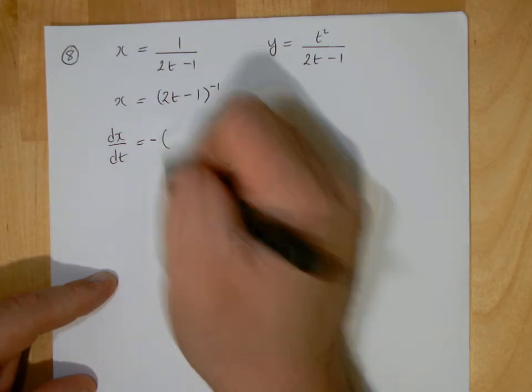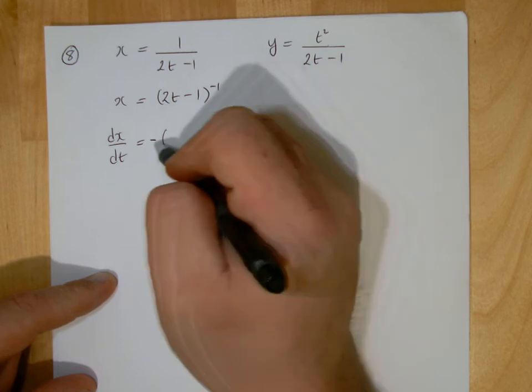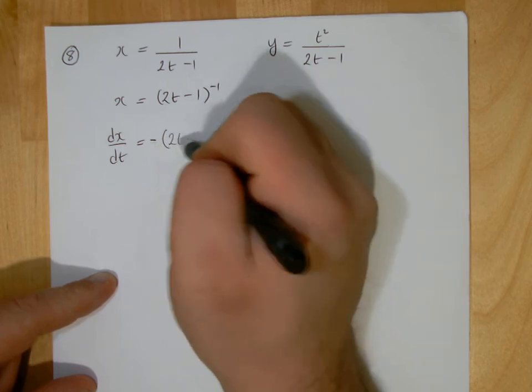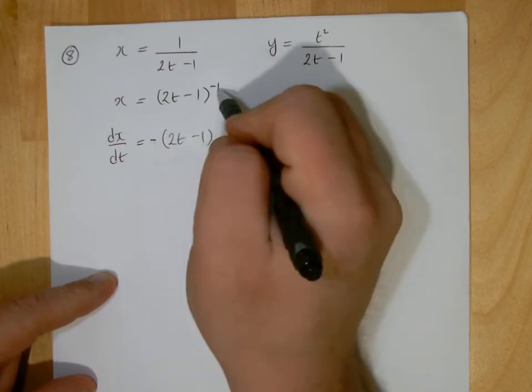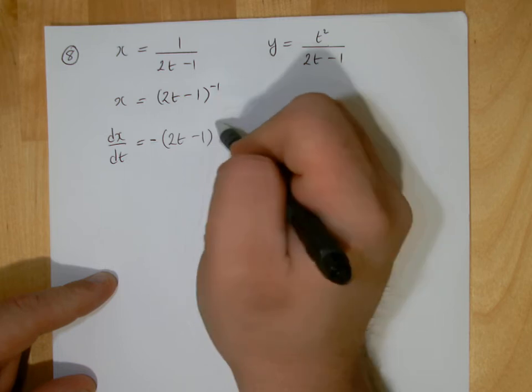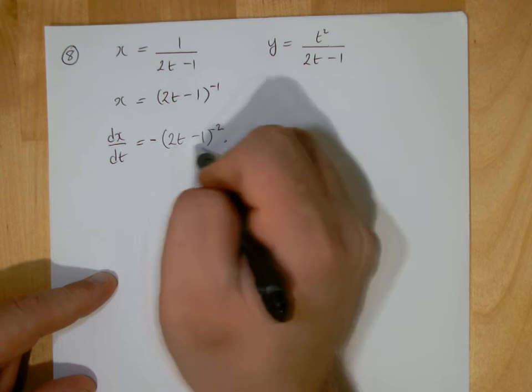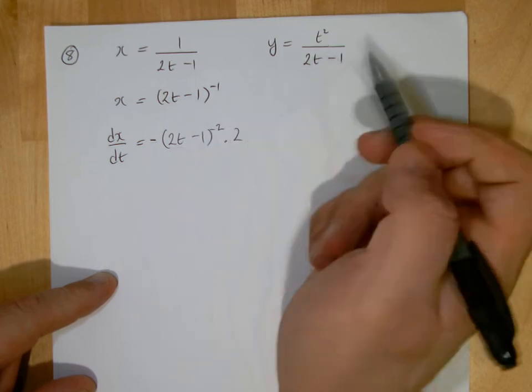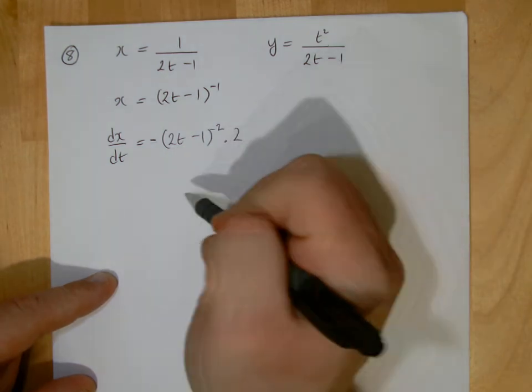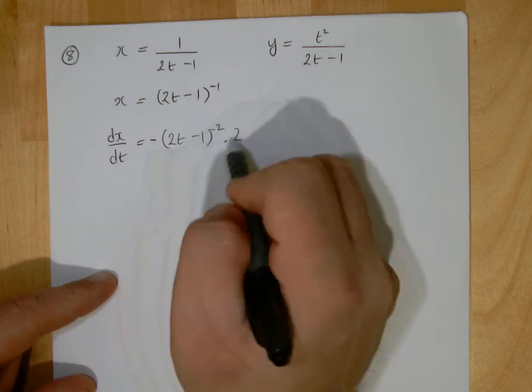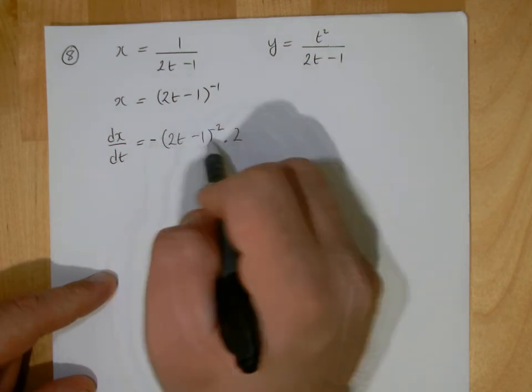You can if you want. I'm just going to write minus 2t minus 1. You reduce that power by 1 then, so you get minus 2. And you times by the derivative in there, differentiate in there, you get 2. So that's the chain rule, okay, which you've used a lot earlier in the year. So there you go, there's our dx by dt.